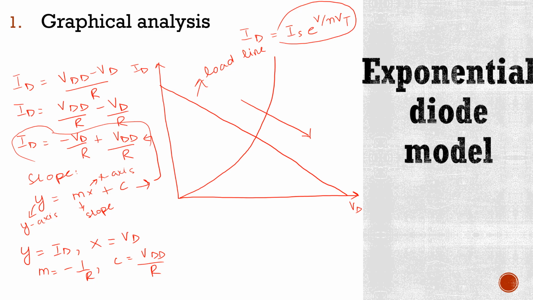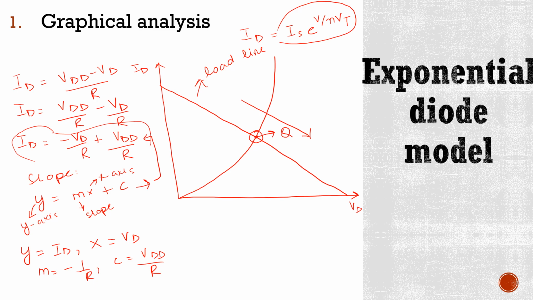As you can see, this load line is intersecting this curve at this point. We call this point Q. Now, this point Q is representing the operating point of the circuit. The coordinates of this point Q give us the values of ID and VD.